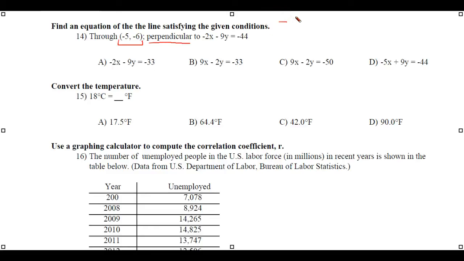So we get negative 9y equals, transpose this, this on this side becomes a positive 2x. And then we have a negative 44 that we don't really need to concern ourselves with. We're going to divide both sides by a negative 9 now.